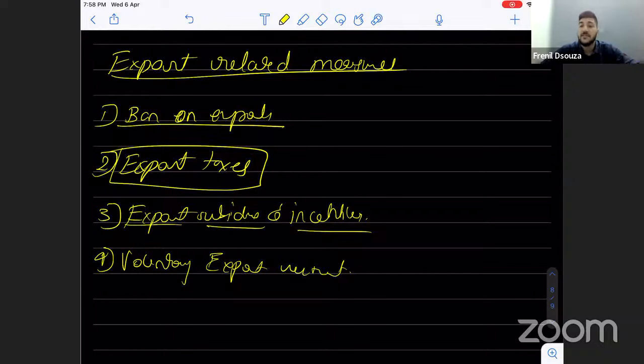They can even ask you to write a short note on that. So it depends upon the marks. If there are only 2 marks, you write the definition. If it comes for 3 marks, you write the definition as well as an example. So you can make your answers look better on the basis of how many marks it has been asked for. So this is about unit 2, the instruments of trade policy.